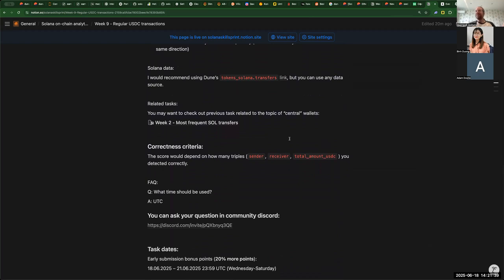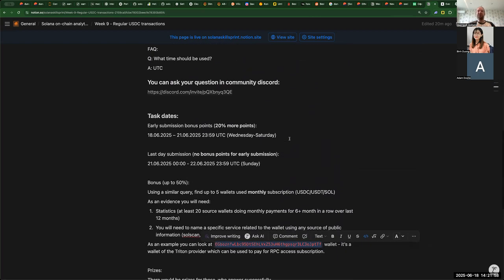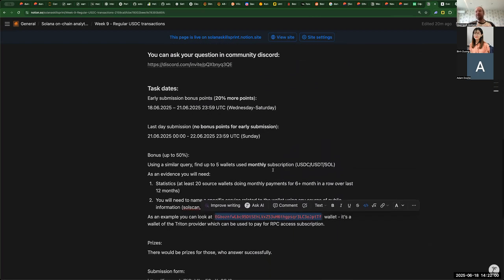I think this one is simpler than the last ones. Especially the sandwich attacks or something like this are pretty complicated to implement. But here it's more educating and fun to look at this data.